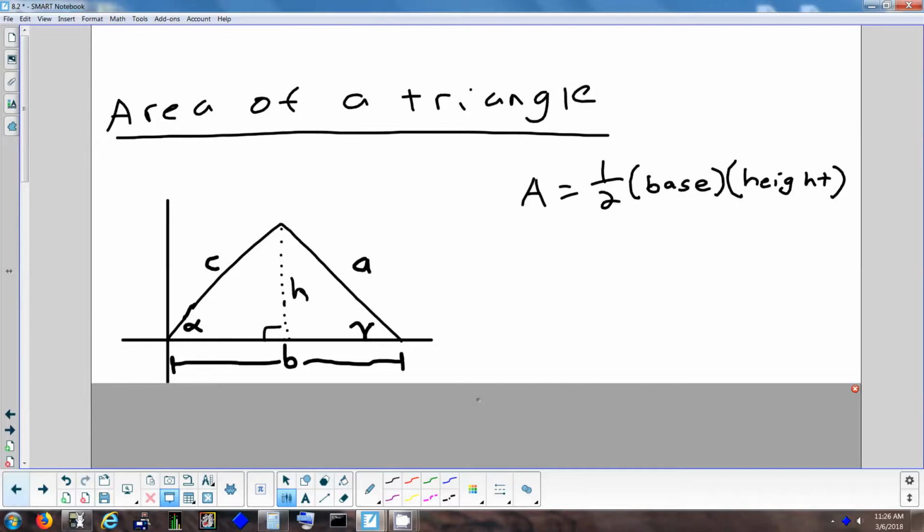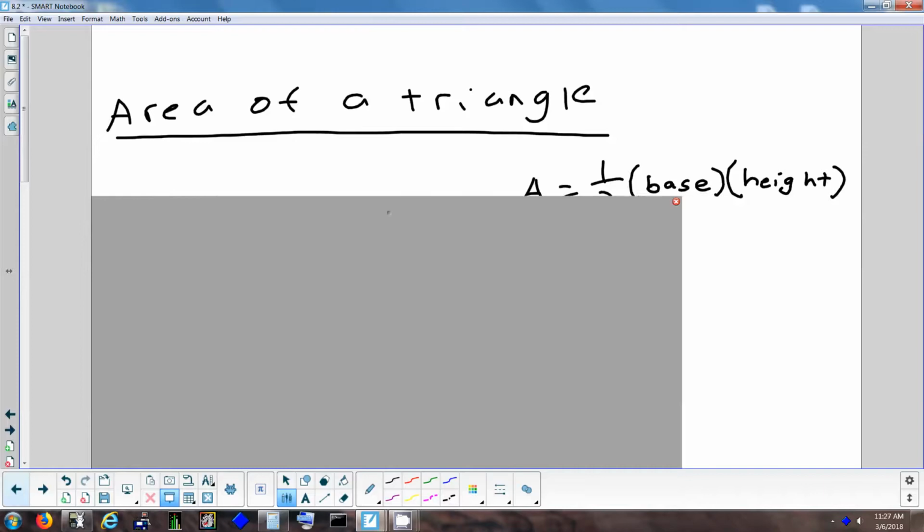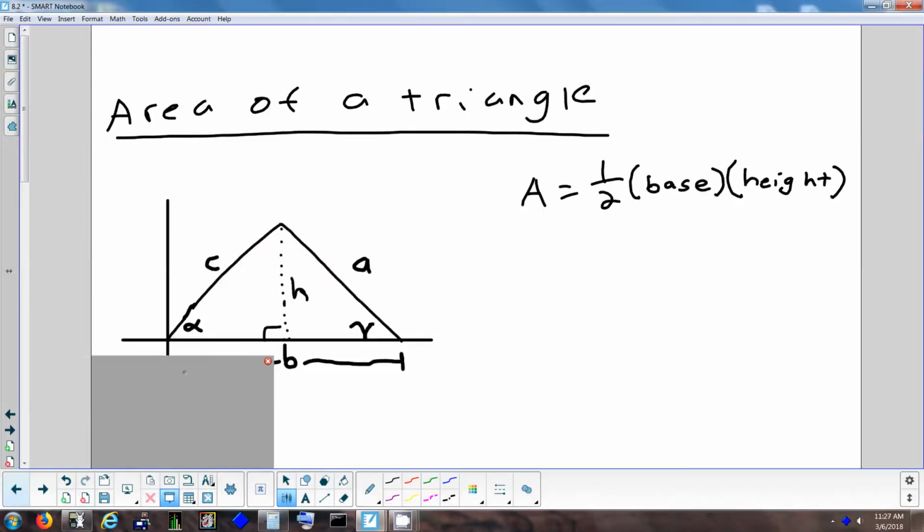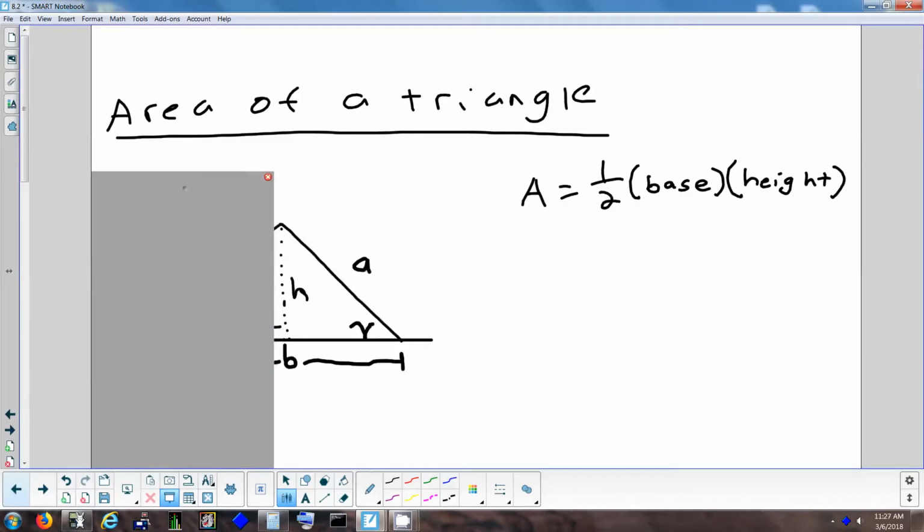Okay, well, let's look at it from this perspective. We already know the base. Let's come up with a formula to find the height. Okay. What kind of triangle do I have showing right there? It's a right triangle. So I can use SOHCAHTOA.